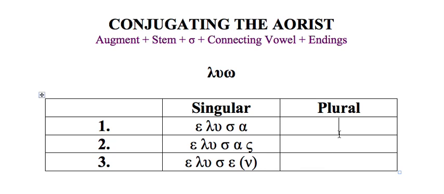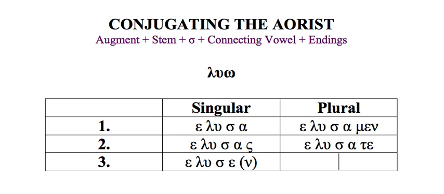For our first plural, begin with the epsilon augment, add our stem, lu, add sigma for the aorist, add alpha for our connecting vowel, add min for our ending. Second plural, epsilon for the augment, lu for our stem, sigma for our aorist, alpha for our connecting vowel, and te for our ending.